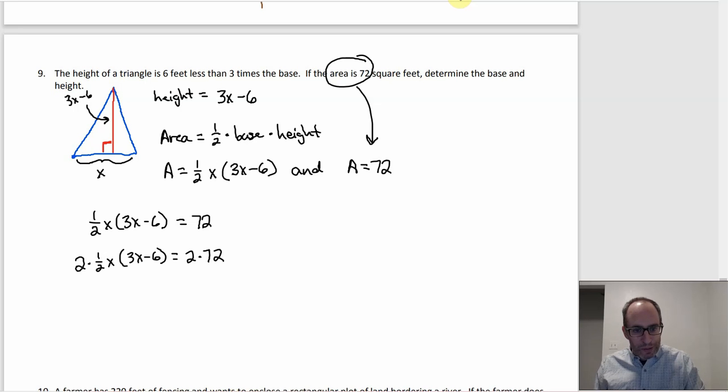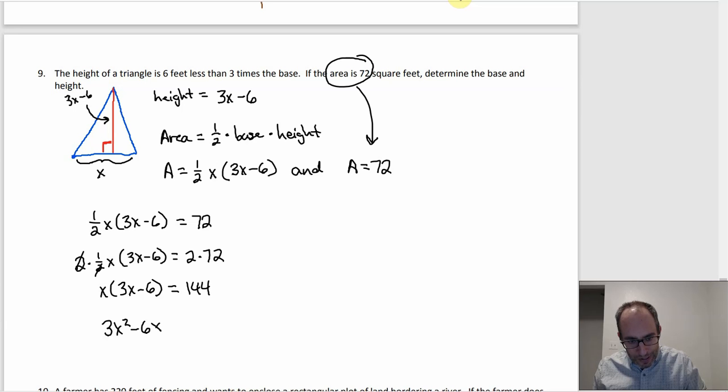The 2 times 1/2 cancel out, and we end up with x times 3x minus 6 equals 144. You distribute the x and you get 3x squared minus 6x equals 144. Then if you subtract 144 from each side, you get 3x squared minus 6x minus 144 equals 0.